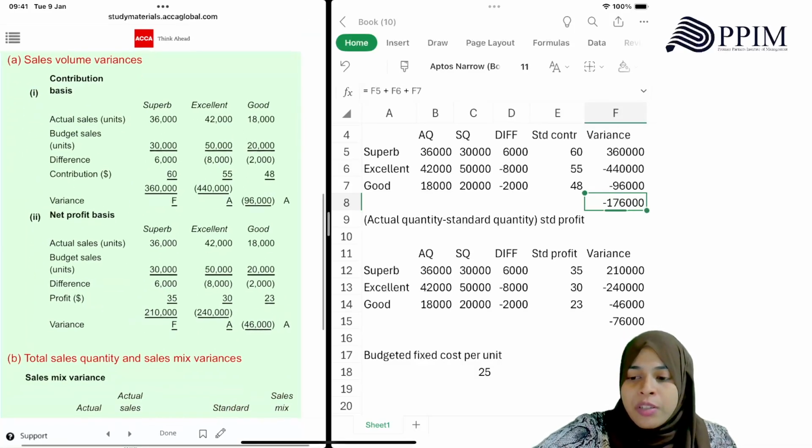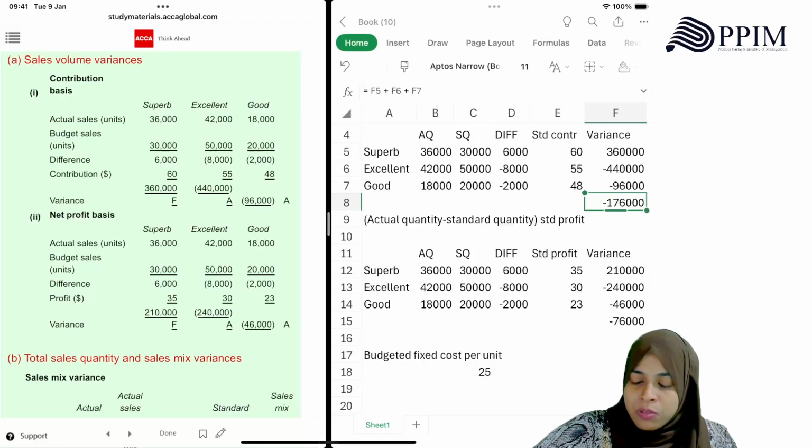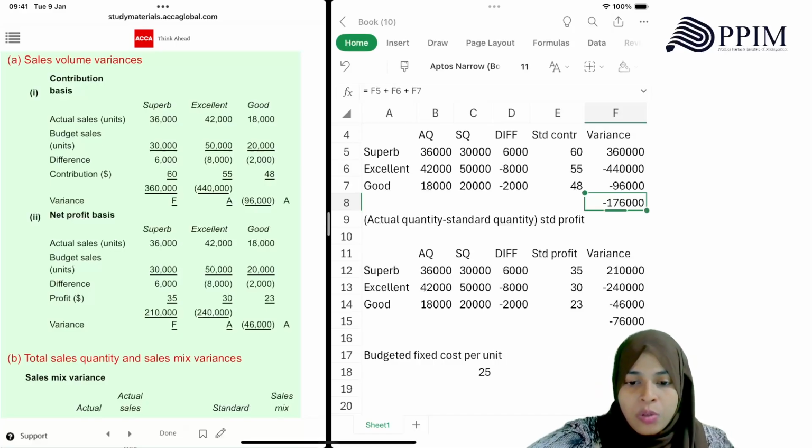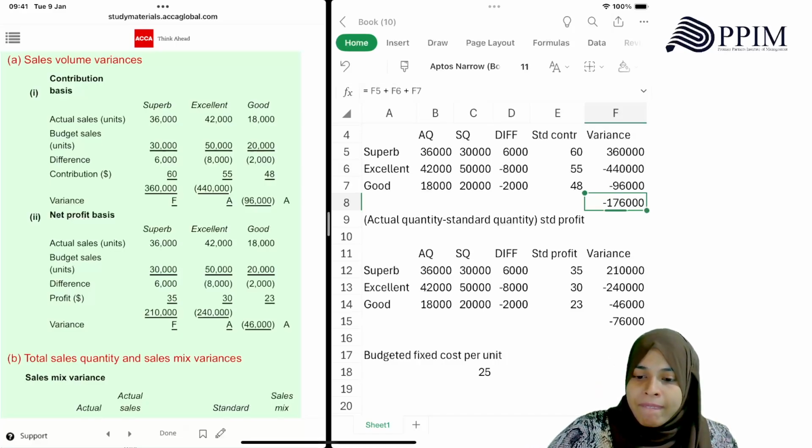But when you use contribution, it was more negative. When you take net profit, that's my problem. How is that possible? When you use contribution, it was minus 100. Shouldn't the total be lesser there, or should this be more?